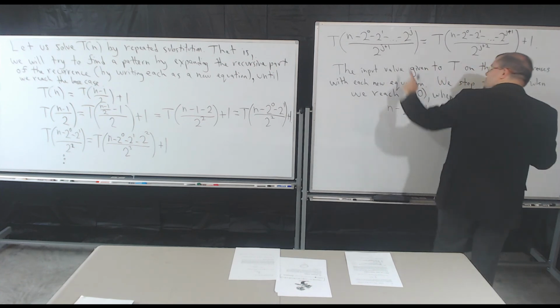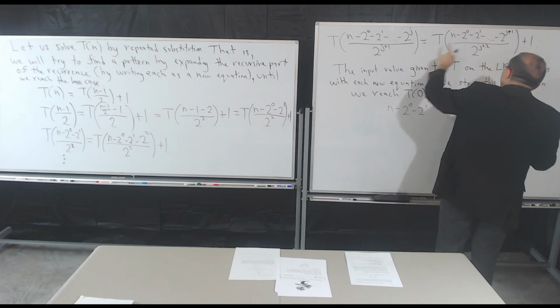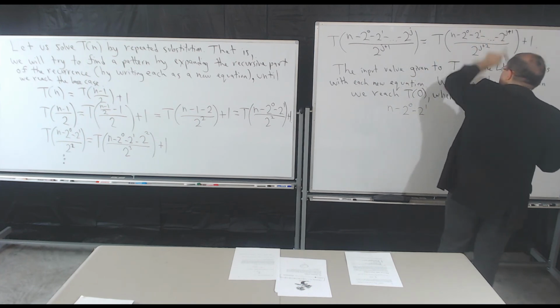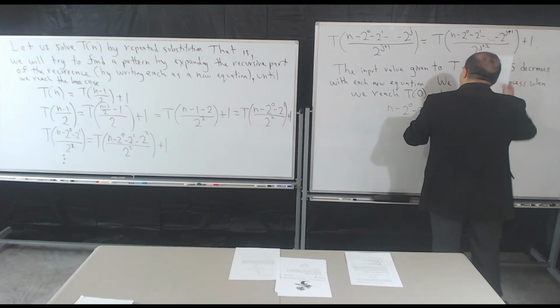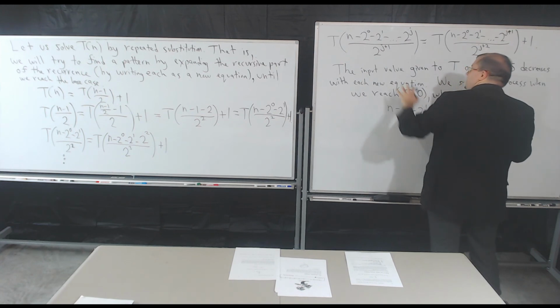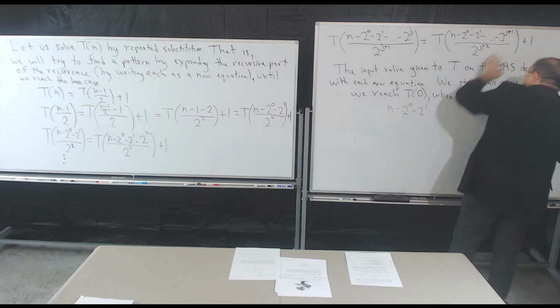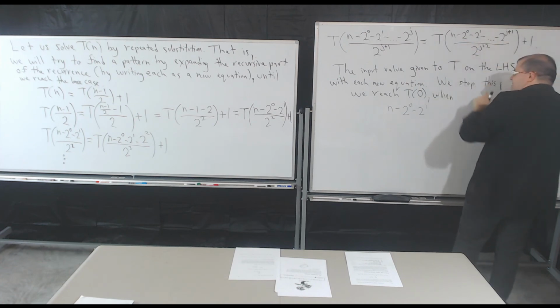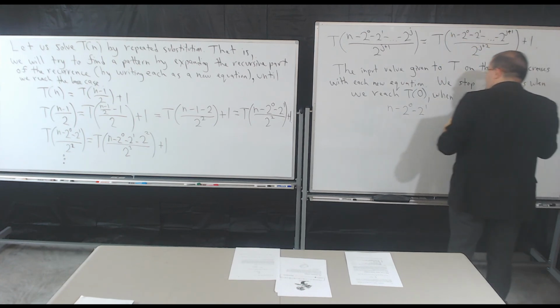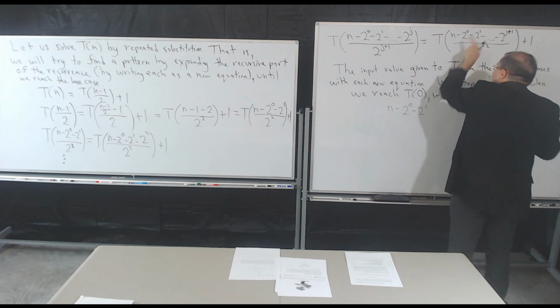So I'm just going to take my pattern over here, this one right here. I want to know when this is actually equal to 0. So imagine there's some point where this thing becomes T of 0, this whole thing here. That means the number inside the input of T has to become 0.